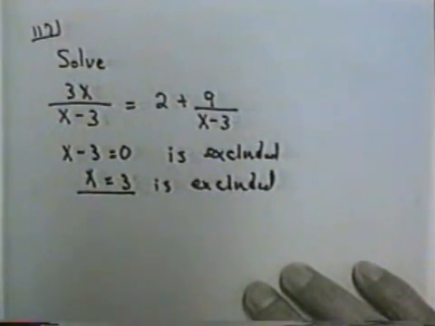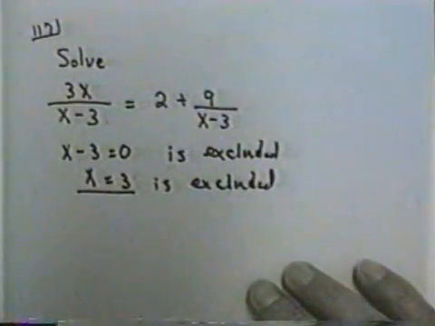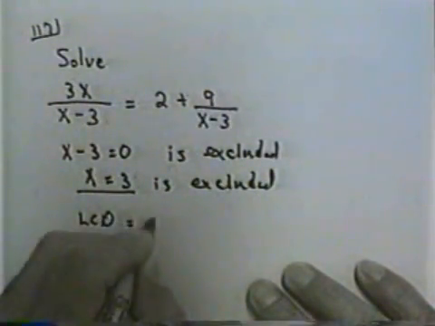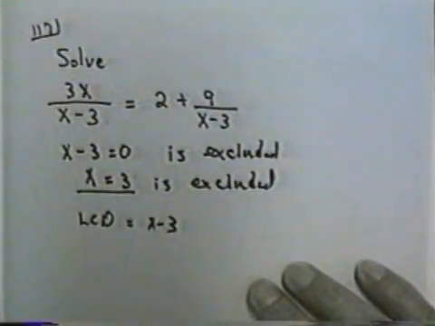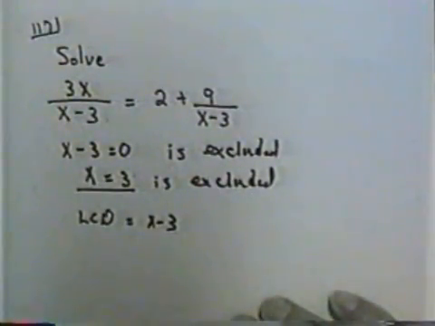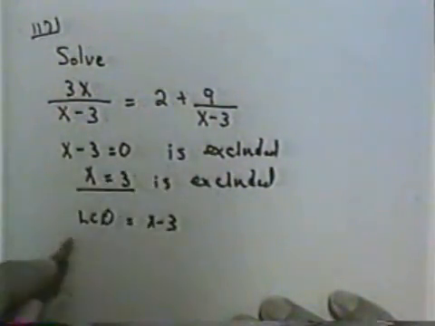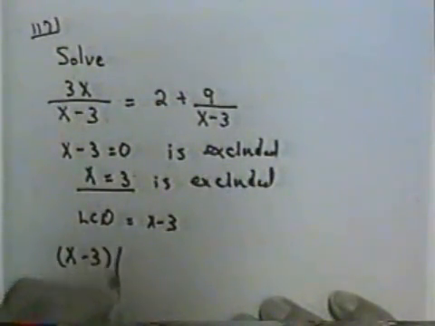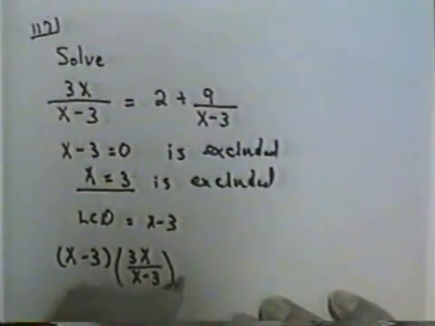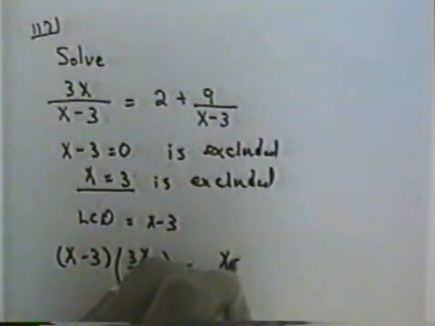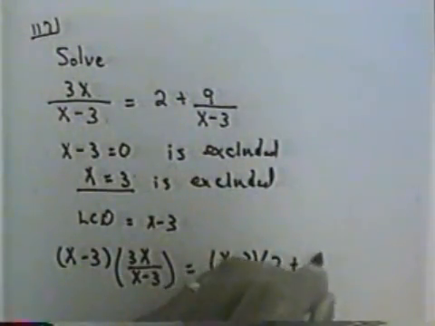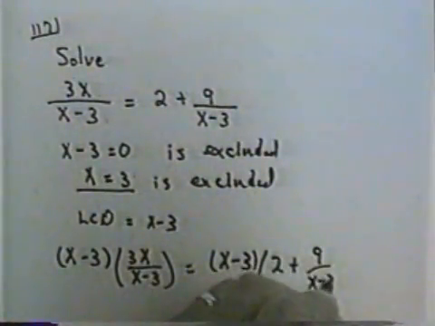Now my common denominator is x minus 3, because that's the only denominator I have. Multiply both sides by the common denominator, so I have x minus 3 times 3x over x minus 3 is equal to x minus 3 times 2 plus 9 over x minus 3.